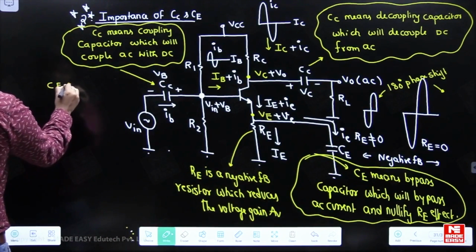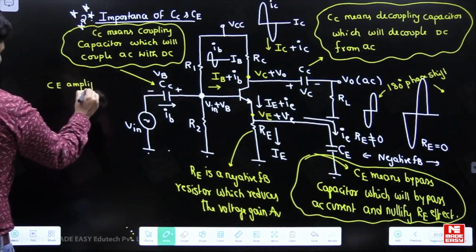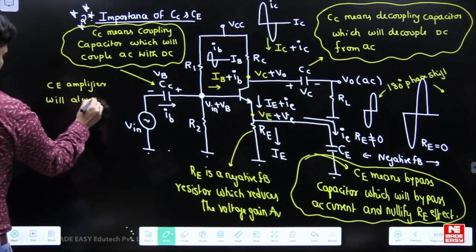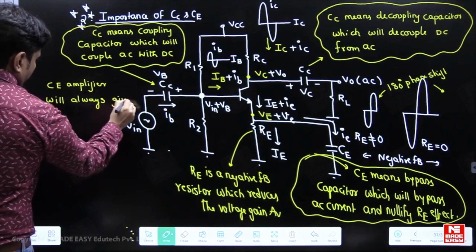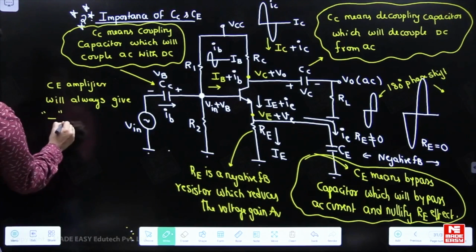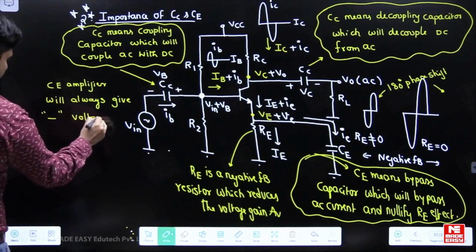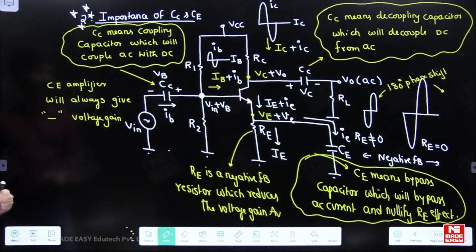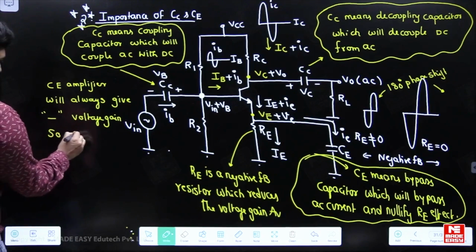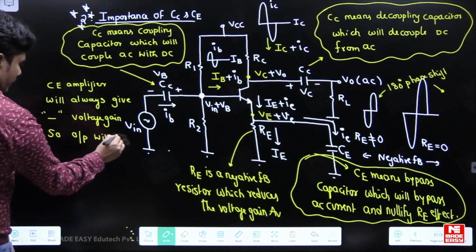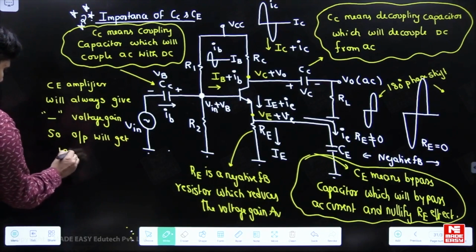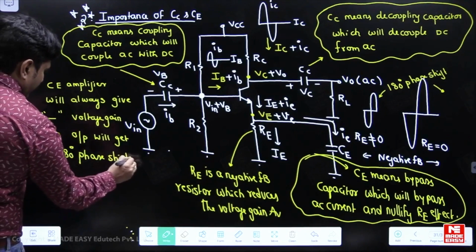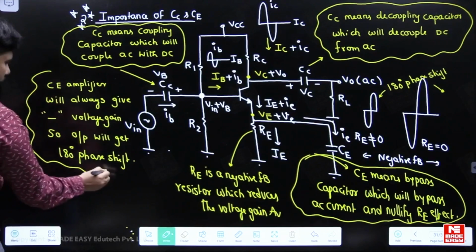Common emitter amplifier will always give negative voltage gain. Because of the negative voltage gain, we get the phase shift. So output will get a 180 degrees phase shift. This point is very important, which happens only in common emitter. It's a special property of common emitter systems.